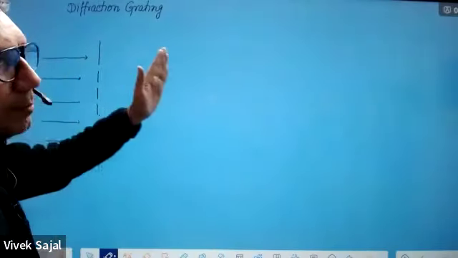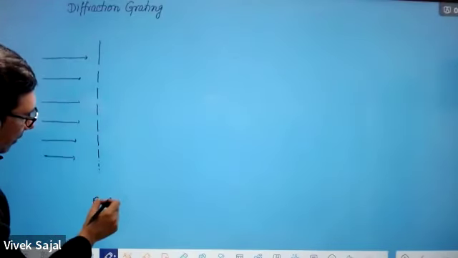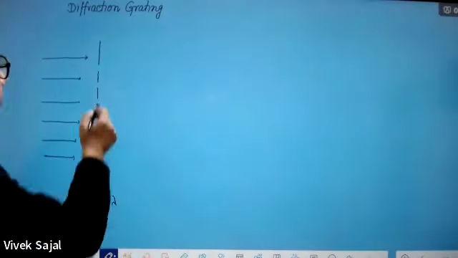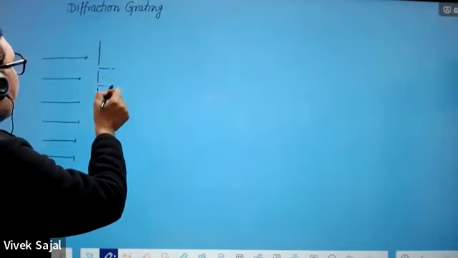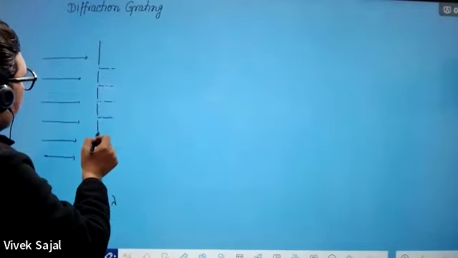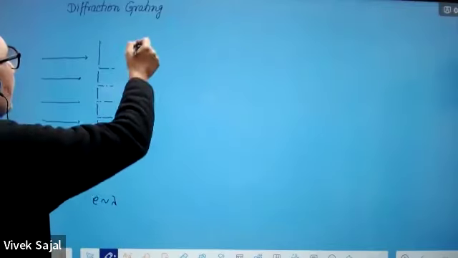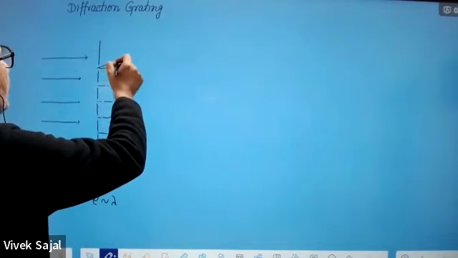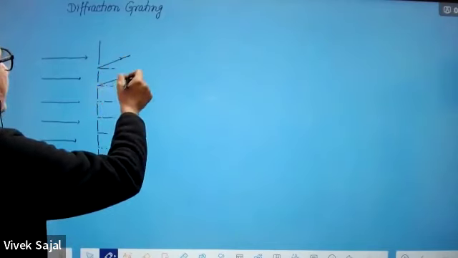When light emerges from these slits, because the width of the slit is of the order of lambda, individual slit diffraction will take place. So try to understand, at every slit diffraction is going to take place. After diffraction, consider the part of the wave that is propagating at an angle theta.